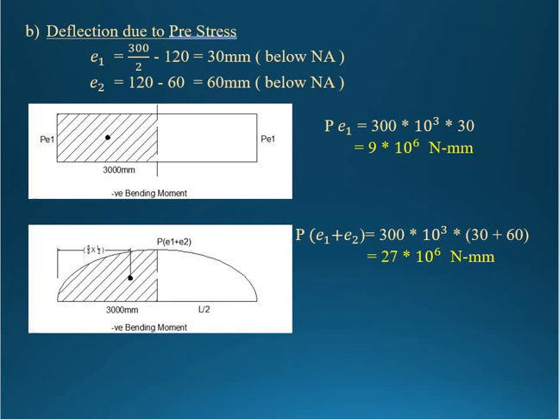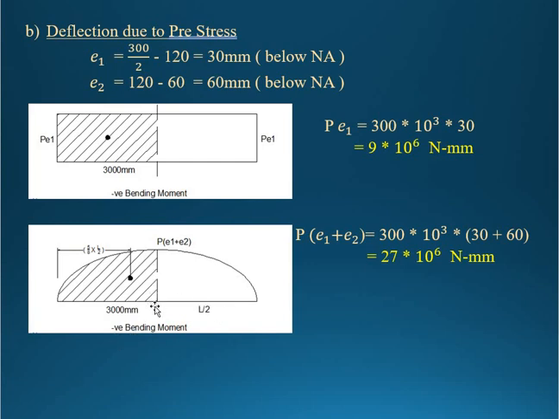Now for the calculation, P is already given, P equal to 300 into 10 power 3, because it was in kilonewton, converted into Newton, into the E1 value 30, we will get 9 into 10 power 6 Newton mm as the answer. Next is the parabolic profile.